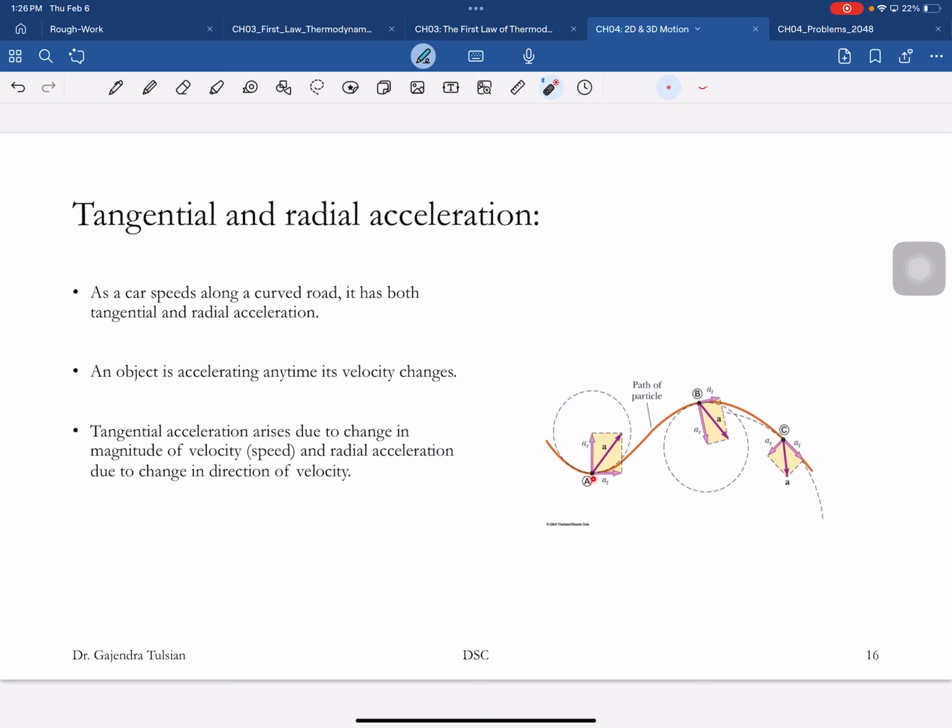Your tangential acceleration will be in that direction. You still have that centripetal acceleration, and your total acceleration will be like that. How about on a straightaway? It's only tangential. Very good. You don't have a centripetal acceleration. Only when you're on a curved road will you have centripetal acceleration, and on a straightaway all you'll have is tangential acceleration.